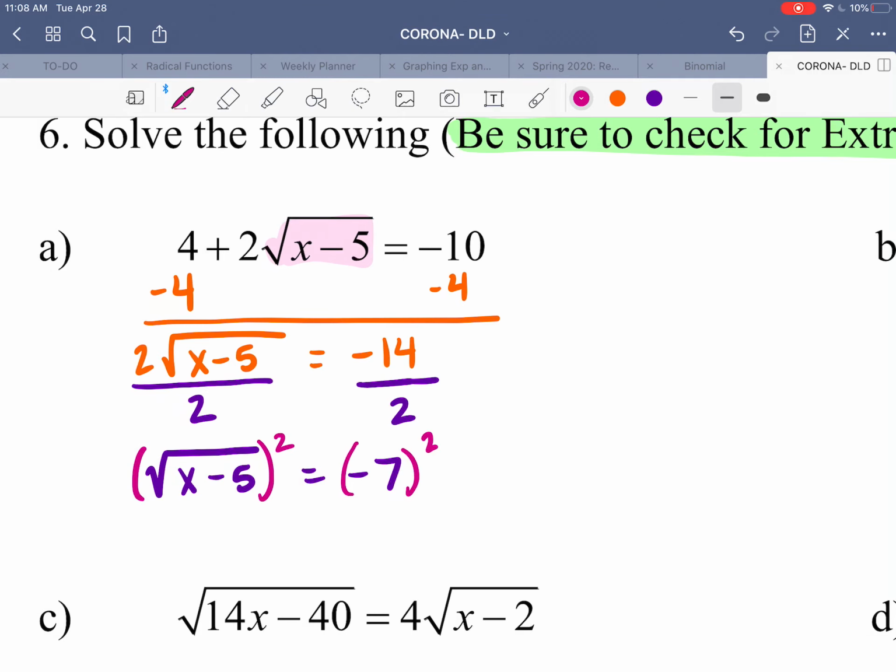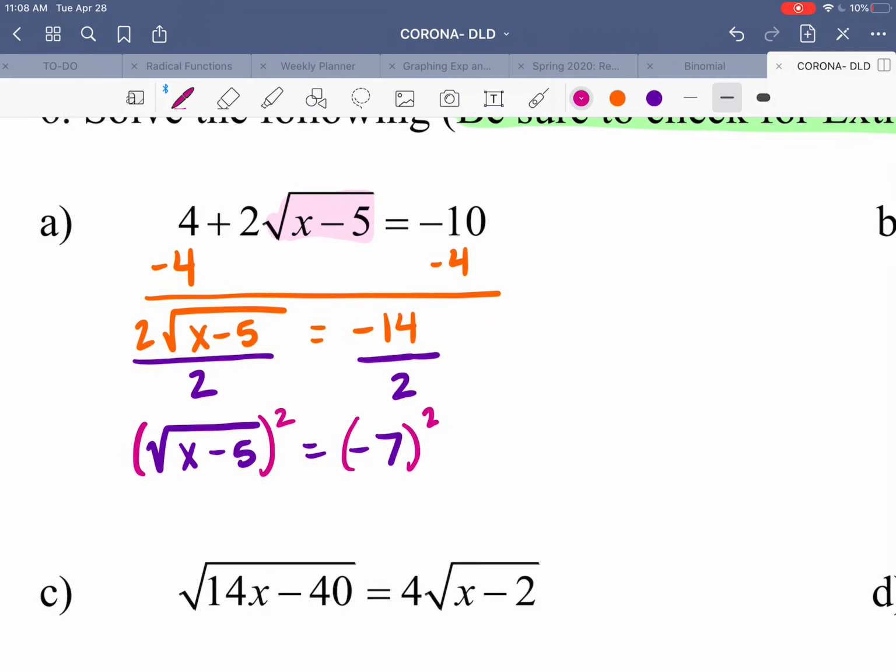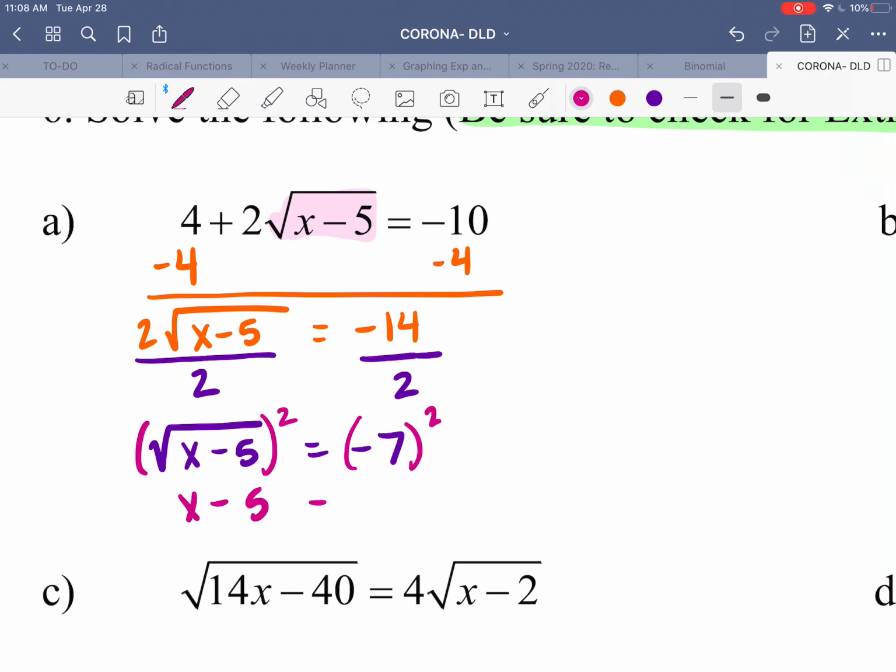Square both sides, and we have x minus 5 equals 49, and then add that 5 over. So we get that x equals 54. Okay, but we're not done.